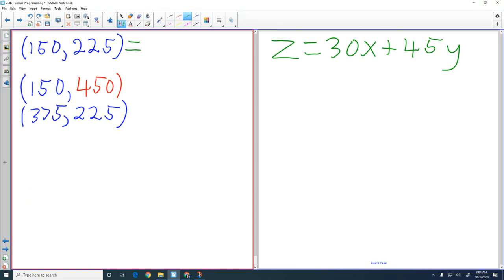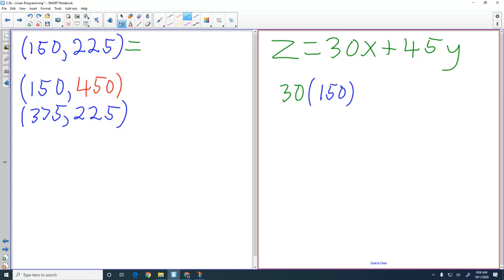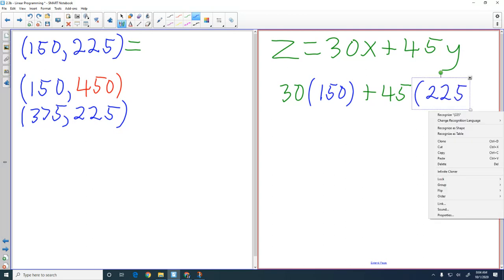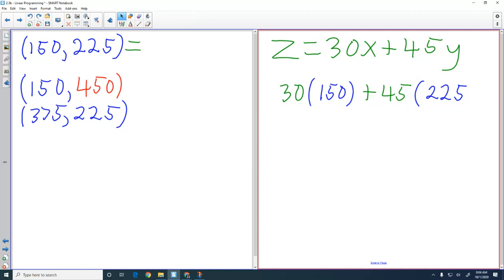So with the first scenario, 150, 225, let's see how much money that makes us. So I plug these in. I've got 30 times X, which is 150, plus 45 times 225. And what does that equal?